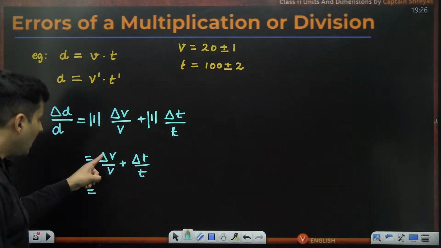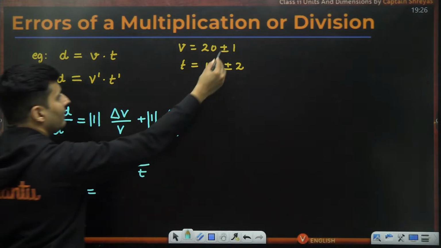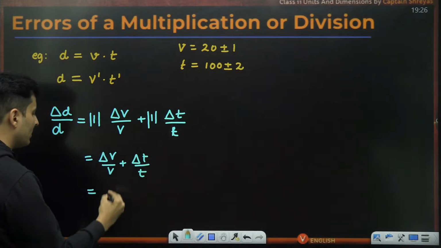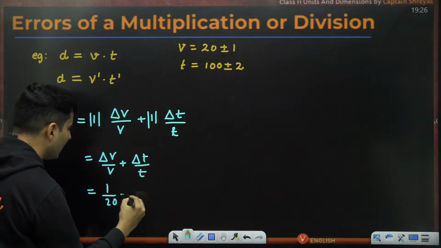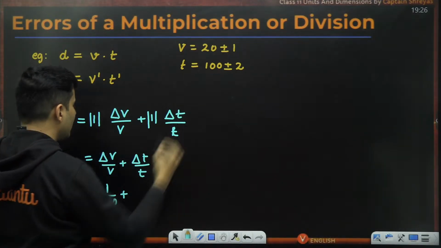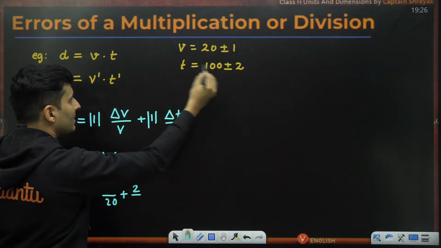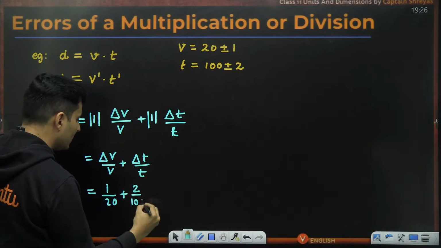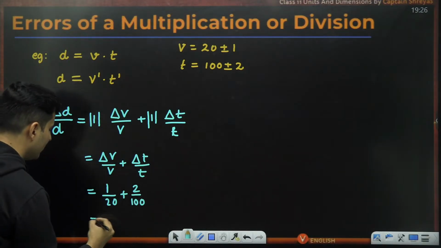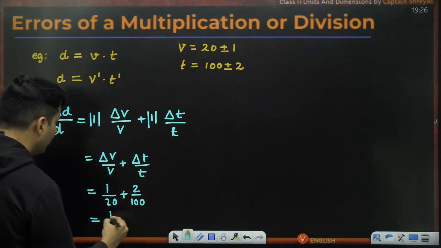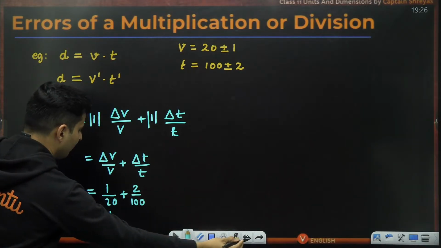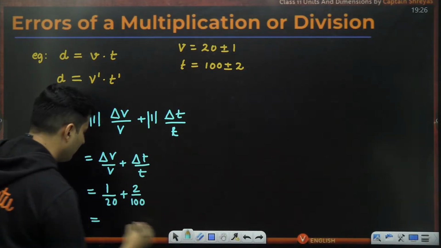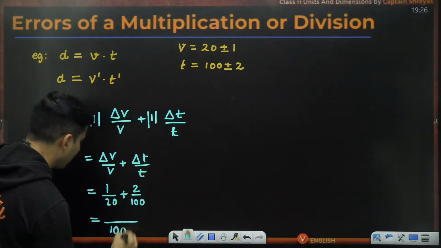Now what is delta v? Delta v means the error in the velocity, which is 1. What is the most likely velocity? It is nothing but 20. What is delta t? It is nothing but 2. What is t? Most probable value, which is basically 100. So what is this going to be? 1 by 20 plus, if you want, we can take the LCM. That will be better. The common denominator can be 100.